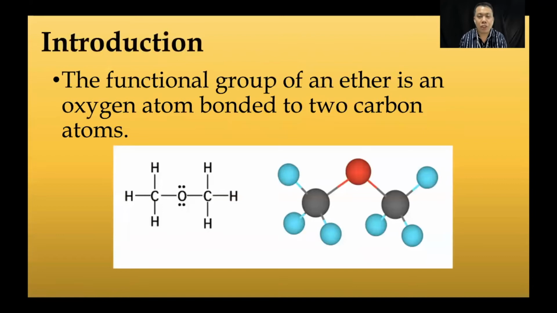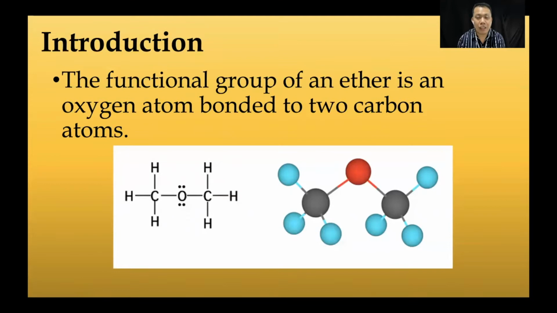So, the functional group of an ether is an oxygen atom bonded to two carbon atoms. As you can see on the illustration, you have here the oxygen atom. The valence electrons of oxygen atom is equal to 6. So therefore, two of those valence electrons are bonded with carbon atoms.